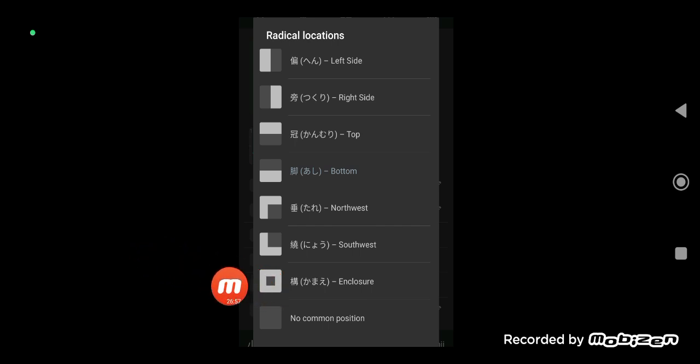Sometimes the radical or component encloses the whole kanji. It is an enclosing radical. So what kind of position is that? It's kamae or gamae, enclosure. Another position is the no common position, where there is no white part, all black part. So these are the positions of the kanji radical or component.